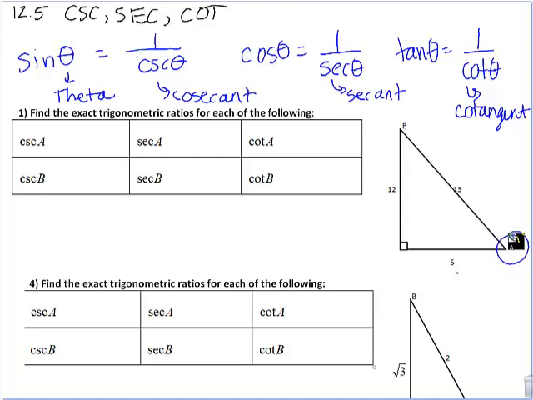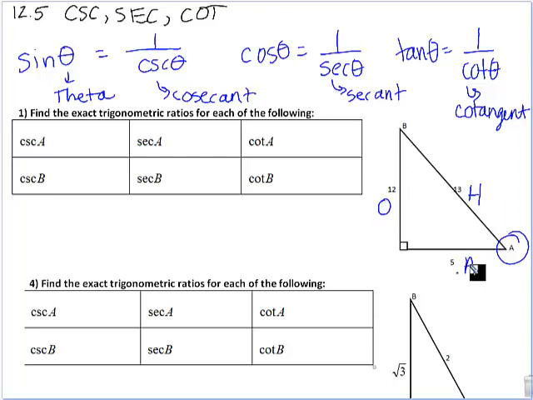So here's our angle A. So what side is adjacent, opposite, and hypotenuse? Wait, we're doing the first problem. That's fine. Which side is adjacent, opposite, and hypotenuse? 13. Okay. 13 is the hypotenuse. 12 is the opposite, and adjacent is 5.